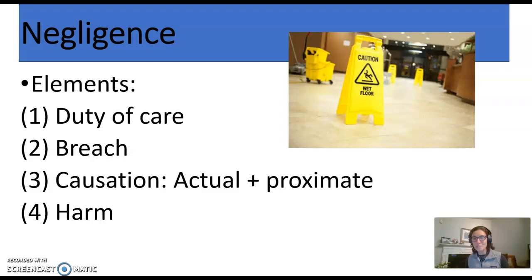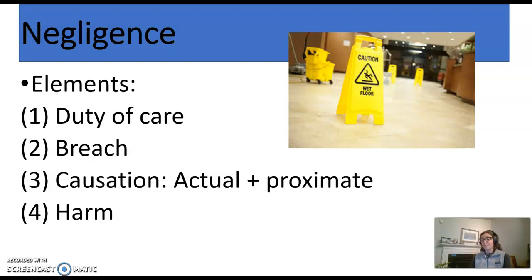So to bring it back to the banana peel example, if a store owner or an employee sees a banana peel on the floor or some other slippery substance and just says, I'm too busy to do that, I'm gonna go over here and do something else, and leaves the banana peel there for an hour or 2 hours, and somebody slips, that's probably a breach of the duty of care.